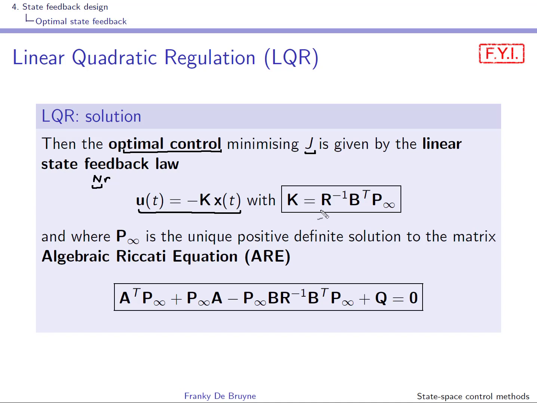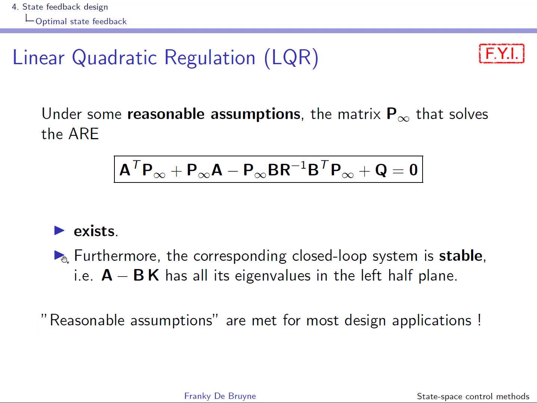And this K is computed from the solution of a so-called algebraic Riccati equation, and under reasonable assumptions there will be a solution to this matrix equation, right?